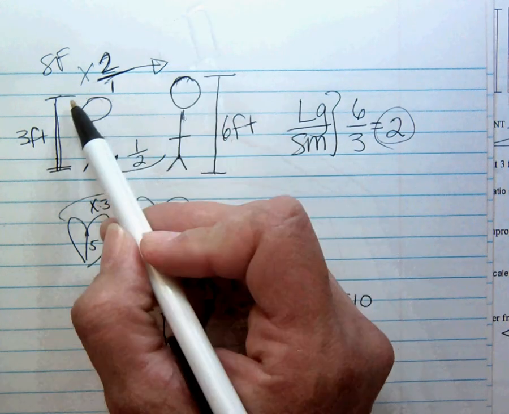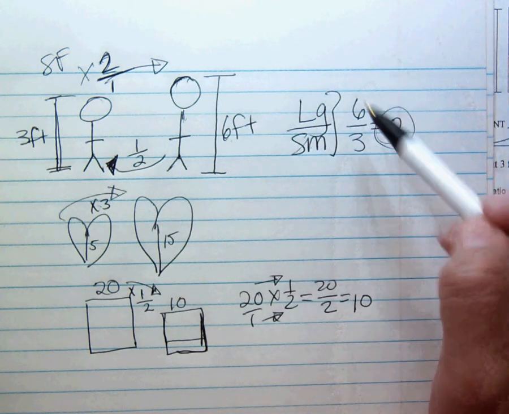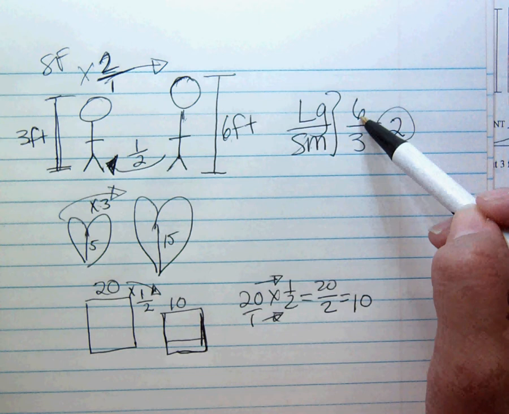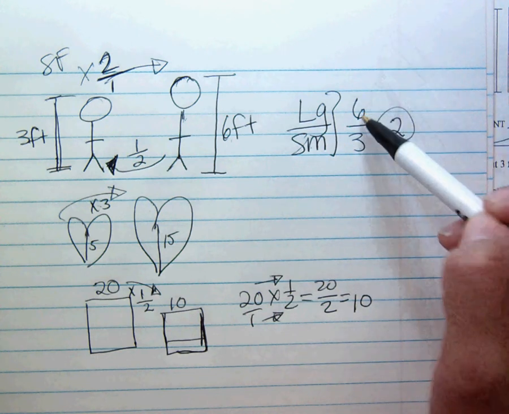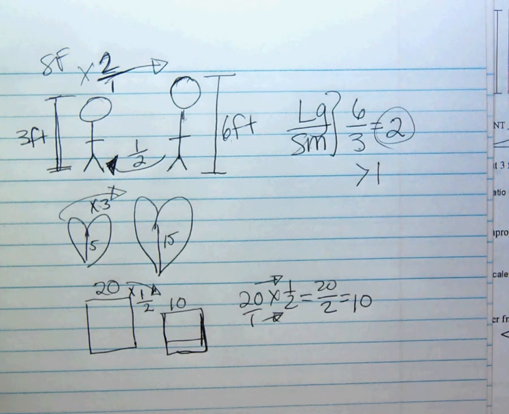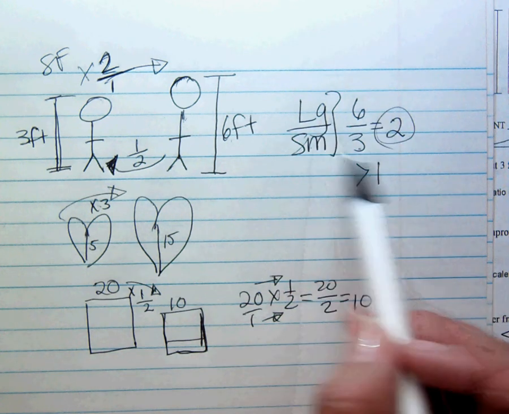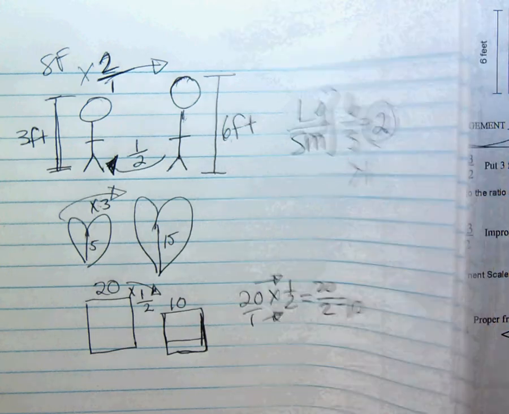So if you just take the enlargement one by doing large over small, because guys, what does it mean when I have the number on top bigger than the bottom one? Improper fraction. So when the numerator is bigger than the denominator, it's an improper fraction, which means it's always greater than 1, because if you change it to a mixed number, you'll have a remainder. So just remember, always do your enlargement this way, do the reciprocal to come the other way.